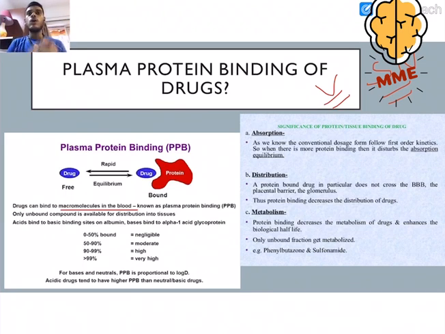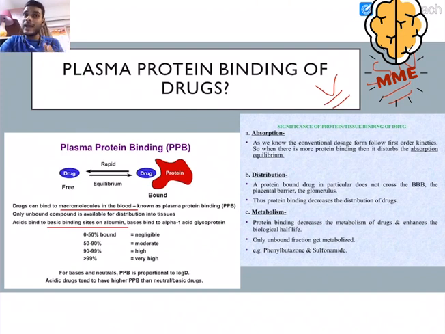Now, as we know, drugs by their physicochemical properties can be of two types. They can be either acidic or basic. If my drug is an acidic drug, it will bind to albumin, which is its designated plasma protein.